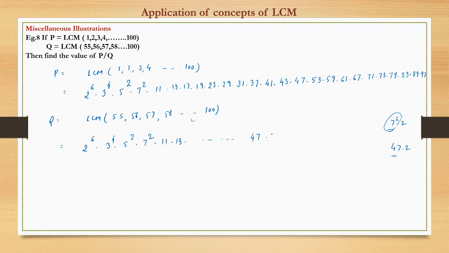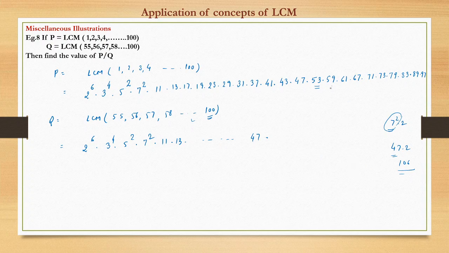Now, will 53 be there? The next prime number is 53. Will 53 be there? Because it starts from 55, and the next multiple of 53 is 106, and it ends at 100 only. So neither 53 nor 106 is there in this range 55 to 100. Therefore 53 would not be there.